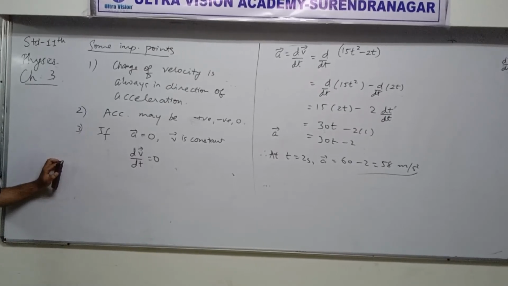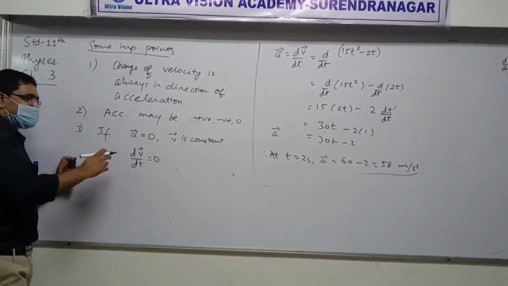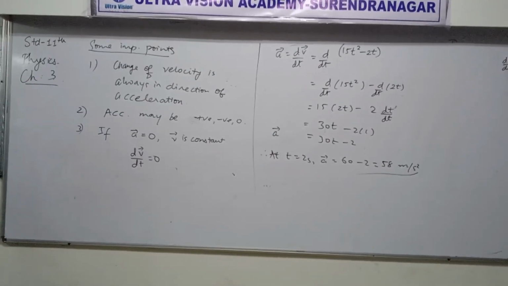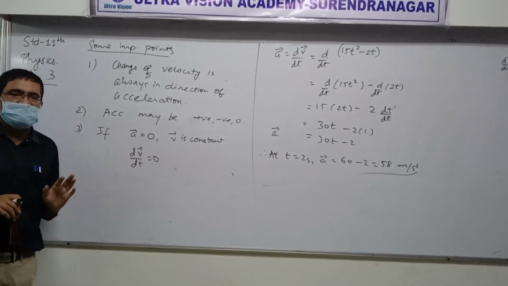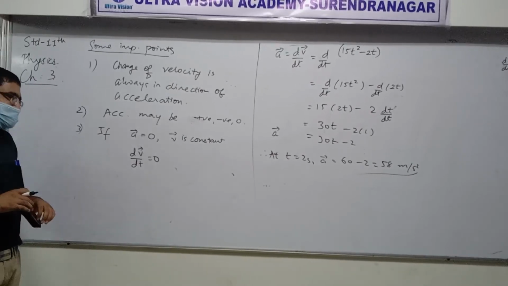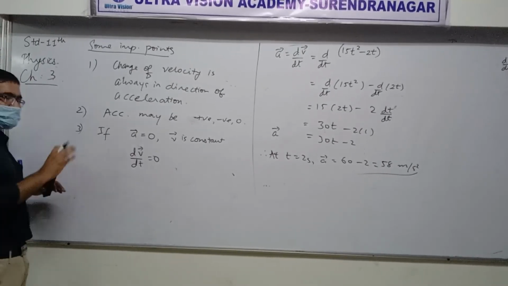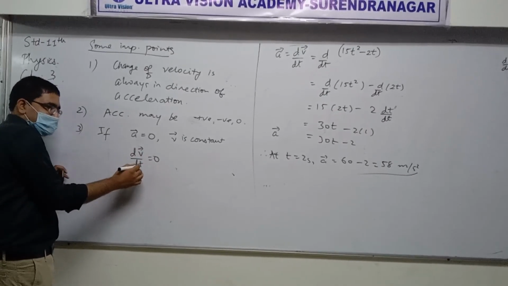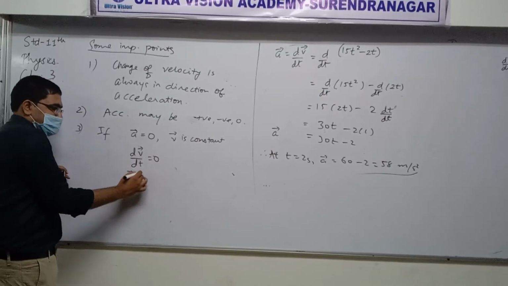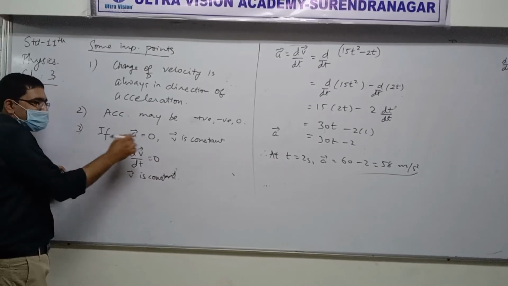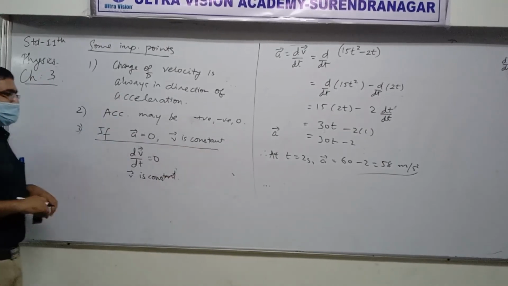Look at the rules of differentiation. We have one rule where differentiation of something is 0. Differentiation of a constant is 0. Is that okay or not okay? Yes. So that means if dv by dt is 0, that is only possible if v is constant. So its differentiation always turns out to be 0. So this is the case, right?